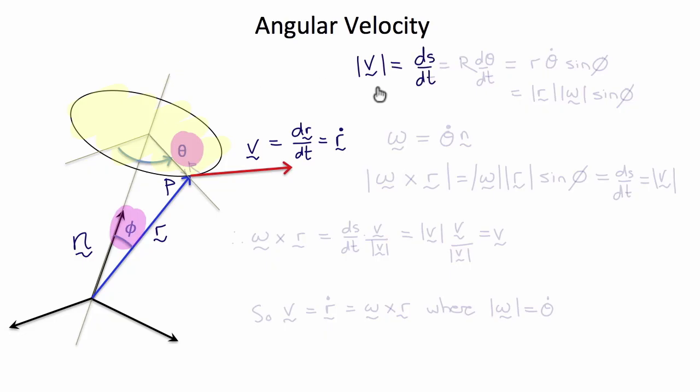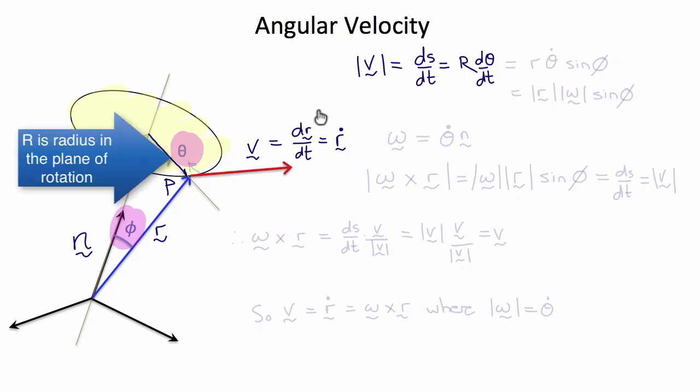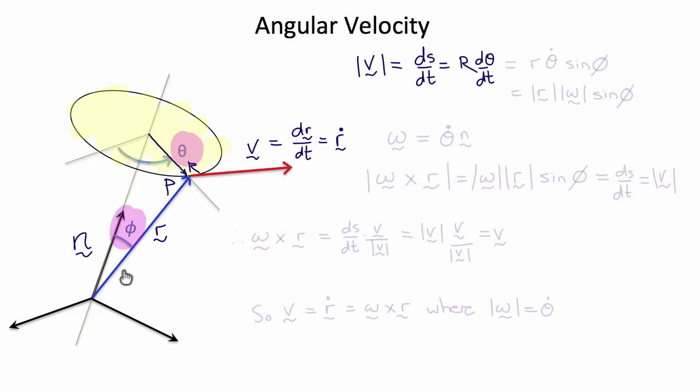Now the magnitude of v is ds/dt, where s is arc length around the arc, which would be r dθ/dt. Now r here is the radius in the plane of rotation of the point P, which is therefore r sine phi.